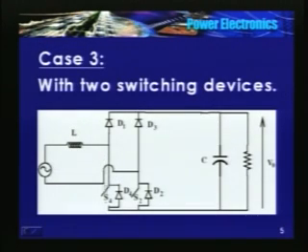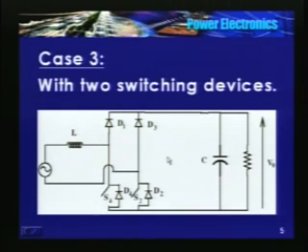When I open the switch, it will try to flow through D1, capacitor, load, back to source through D2. The stored energy in the inductor is transferred to the output. So the operation is the same.